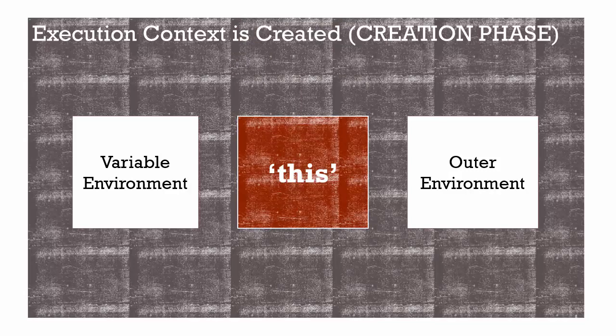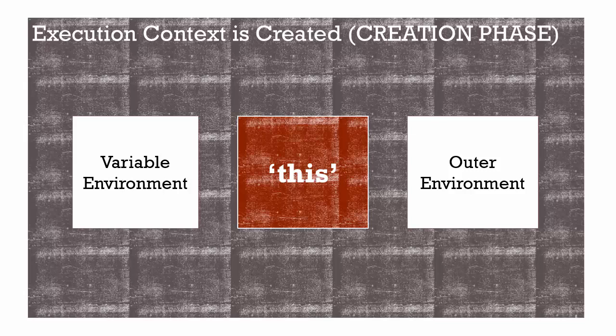And we also know that the JavaScript engine, every time an execution context is created, that is, every time a function is run, gives us, without us having to create it or declare it, this variable called this, which can be useful. And this will be pointing at a different object, a different thing, depending on how the function is invoked.